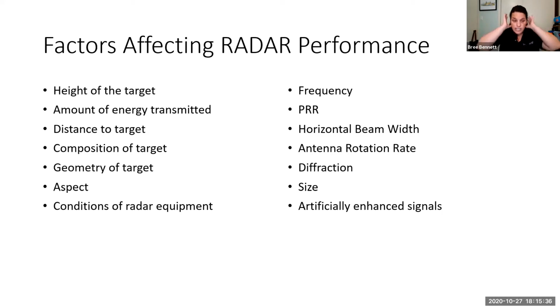If we can adjust something, we can, or we can just be aware that if we're getting very weak returns in this area, we might have an extra lookout looking out in that area. That gives you broadened situational awareness: I'm seeing something, but I'm not really sure if I'm seeing something, because the radar can be very deceiving sometimes.